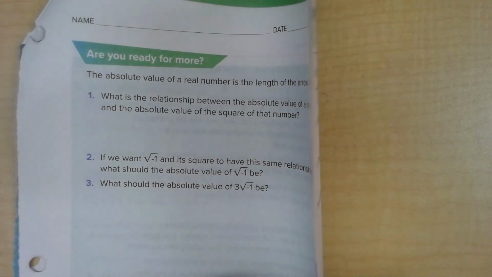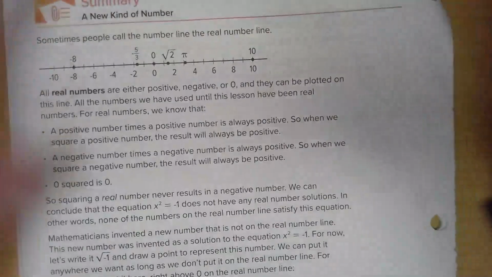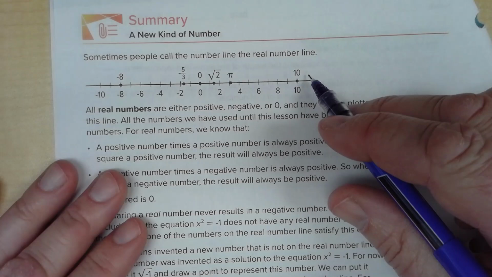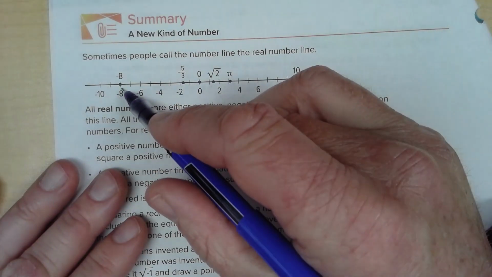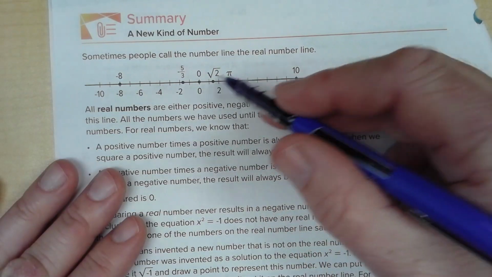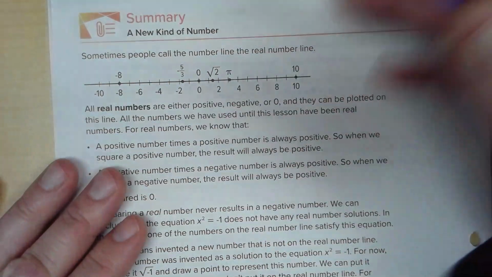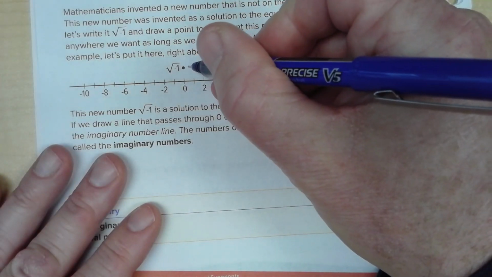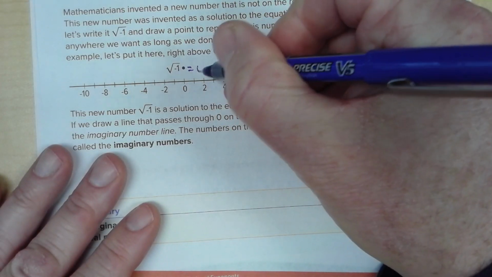Are you ready for more? So real numbers are all the numbers that you've learned about so far. So -8 is an integer, negative fractions, pi, square root of 2, 10, they're all just numbers, right? But when we go off of the number line, we go above the number line, one space above, and we call that square root of -1, which is i.